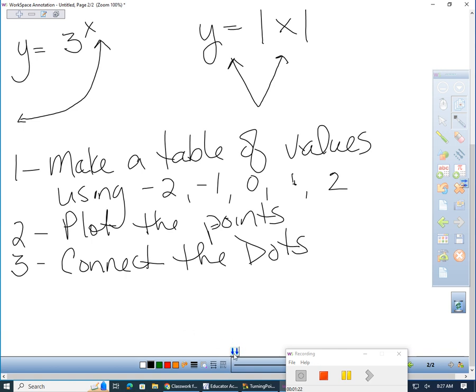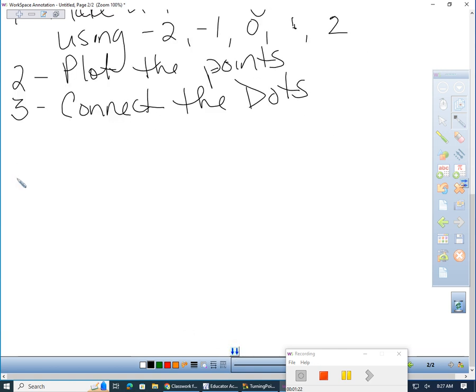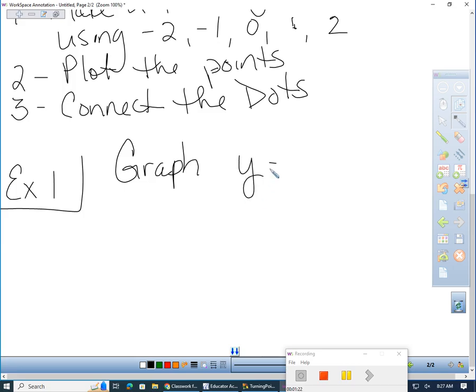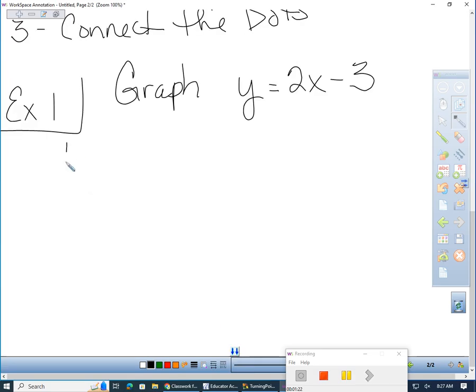So, example number 1, following the same idea. You're going to want to graph y equals 2x minus 3. So we're going to make a table.